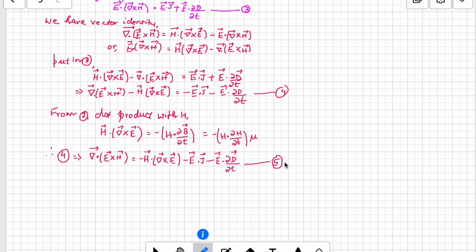So that's how we are going to design the equation right now, and let me mark this as number 5. Now we are going to consider the terms one by one. Sorry, I made a mistake, I did not replace it properly. Let me correct this here.